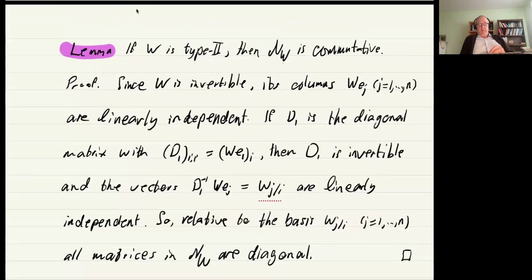So since W is invertible, its columns are linearly independent. Okay, and if D1 is the diagonal matrix corresponding to the entries of the first column of W, then it's invertible. Okay, and so the vectors D1 inverse times the jth column of W, which I could also notice should be a 1 there, let's make that right too.